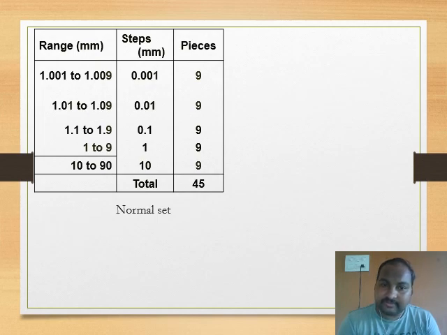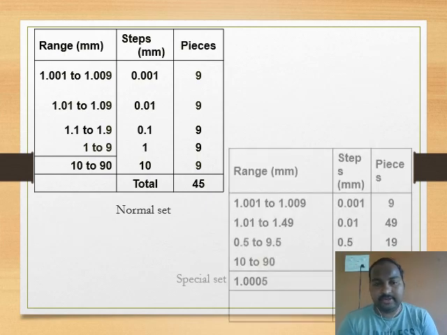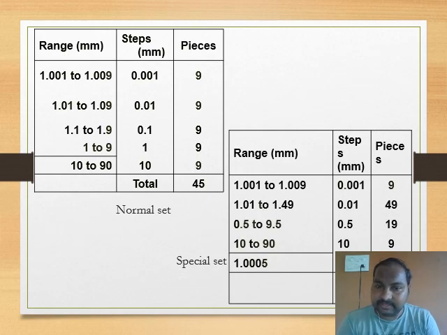So 9 times 5 is 45, M45 it is. Similarly, the standard slip gauge set M87 is also available.